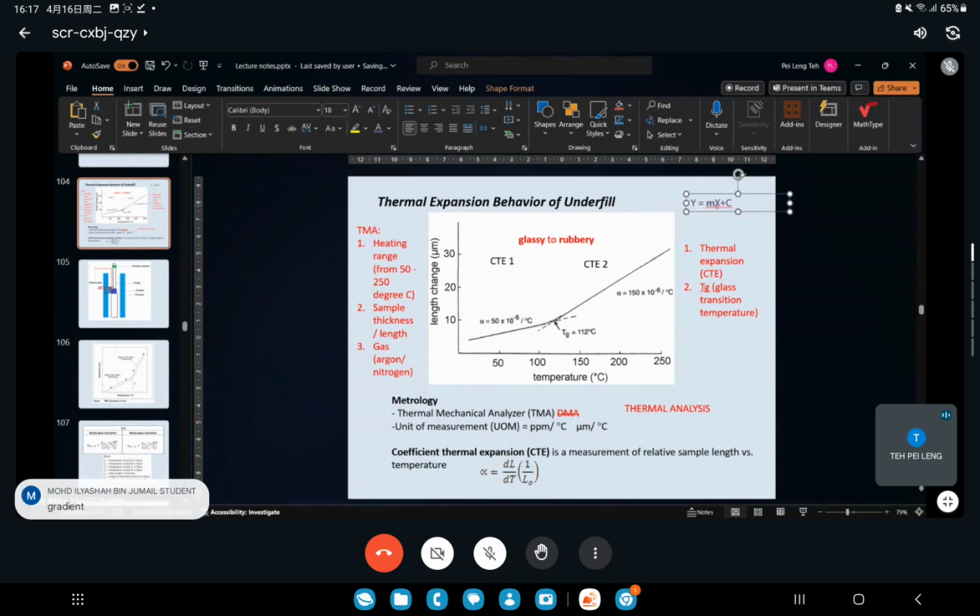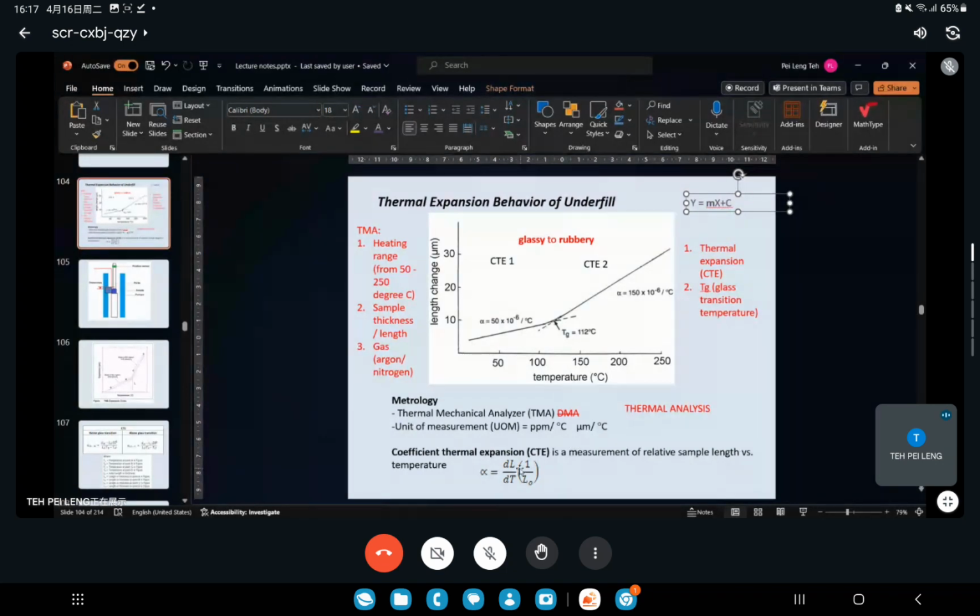What is y? What is x? What is m? What is c? Y is y, X is x. M is the slope, and C is the intercept. Correct, M is the slope.